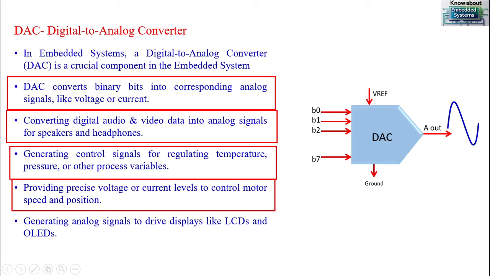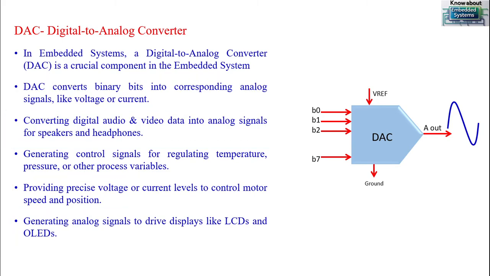Also, in order to control temperature and pressure, to produce some activating outputs, we use a DAC, and also to control some display devices. So without a DAC, it is not possible to design any embedded system.